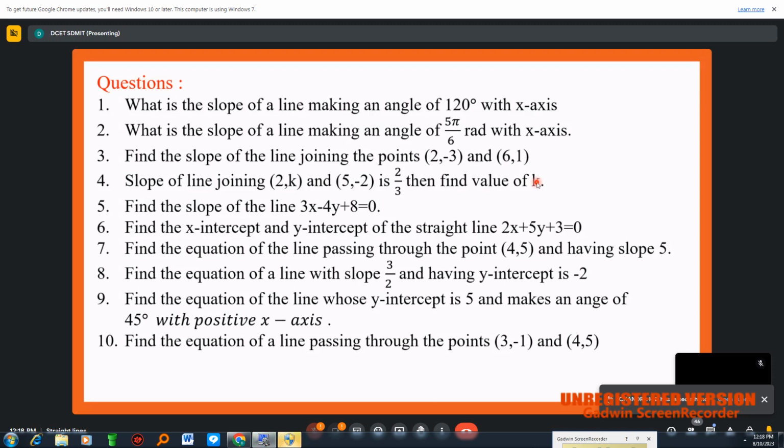The answer is -4. For the seventh one, the answer is 5x minus y minus 15 is equal to 0. Yeah, you will get that.